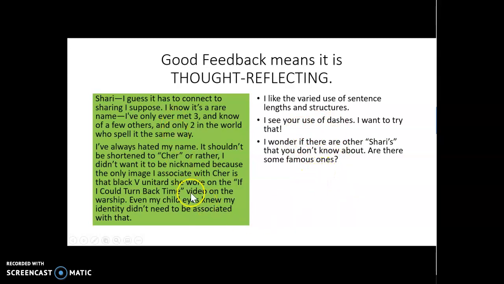They're reading my piece and they note that I'm talking about there's only 2 people in the world who spell it the same way. They're making me think that maybe they don't understand that I'm just exaggerating. So that point was lost on them. Or maybe I should look it up and see if there are famous people who spell their name my way. So that is a really helpful piece of feedback for me because my audience is missing my point.